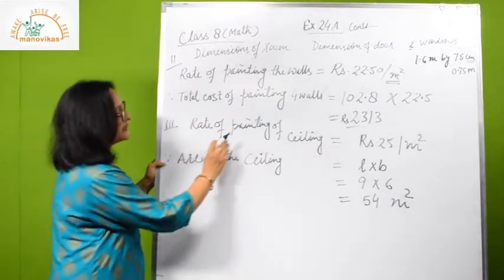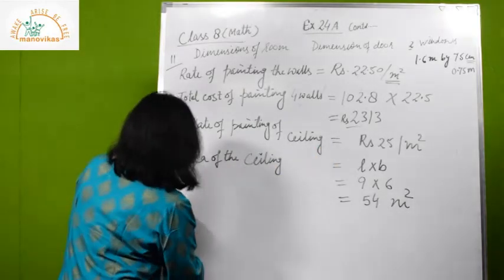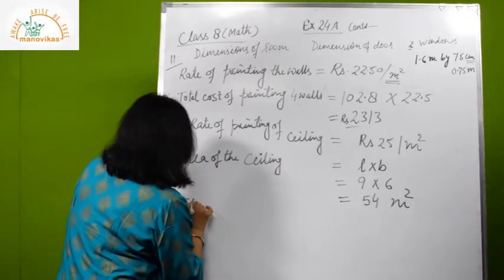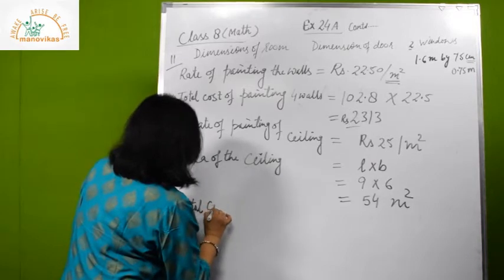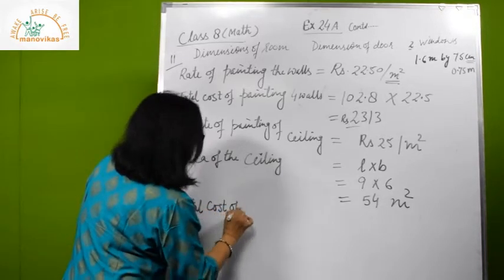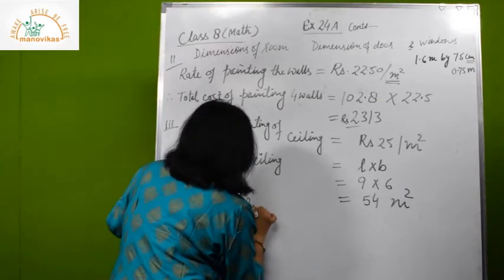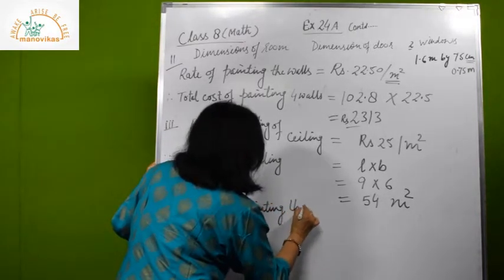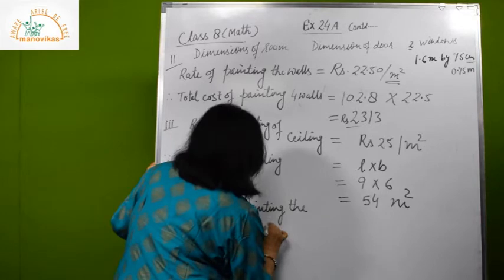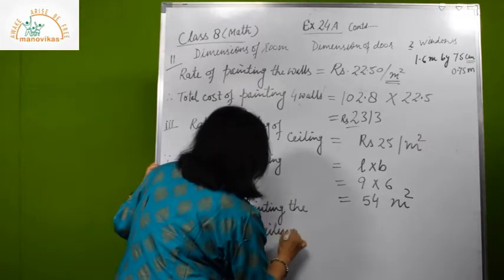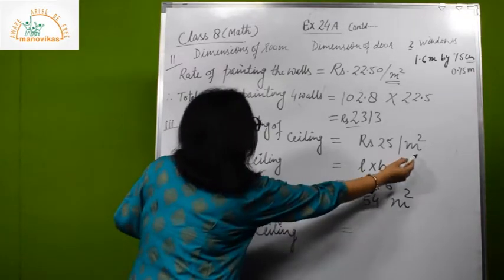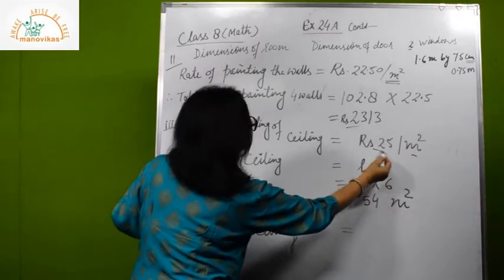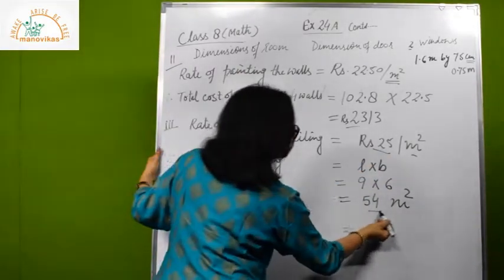Now you have the area, and this is the rate. Therefore, total cost of painting the ceiling is: 1 meter square costs rupees 25, so what does 54 meter square cost?